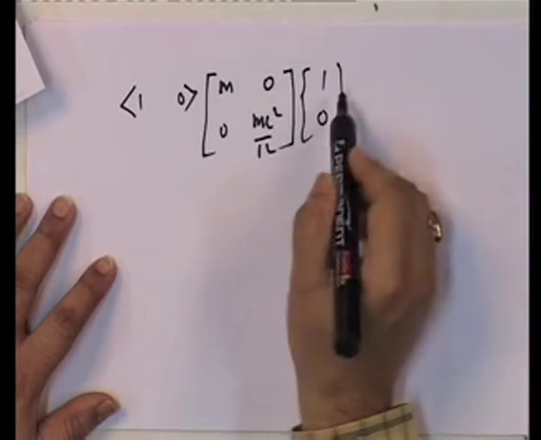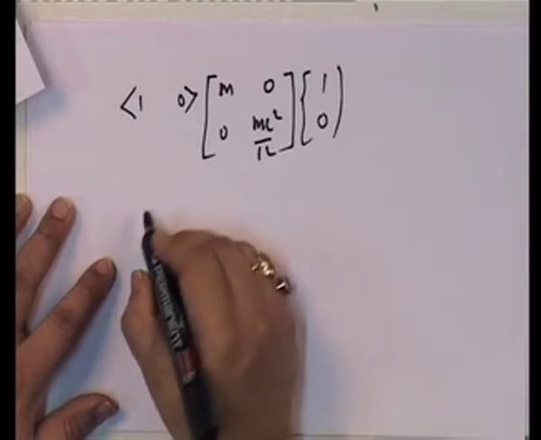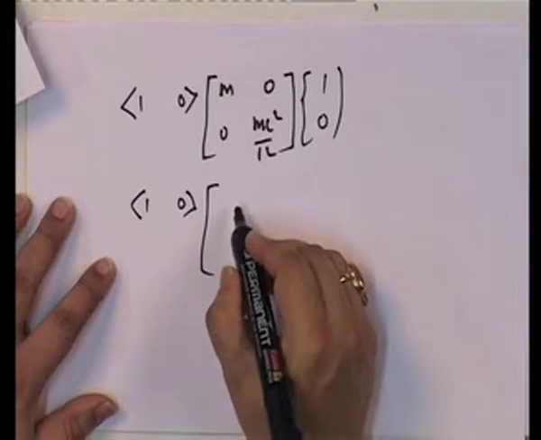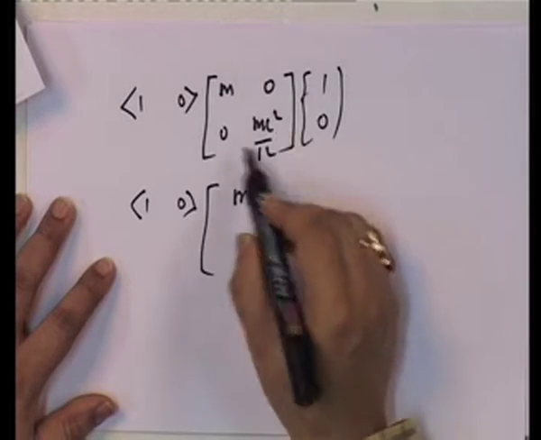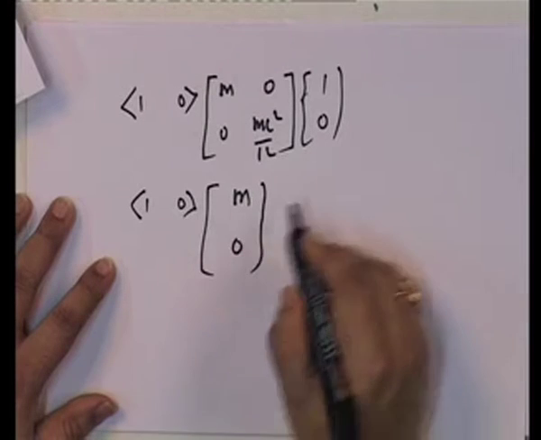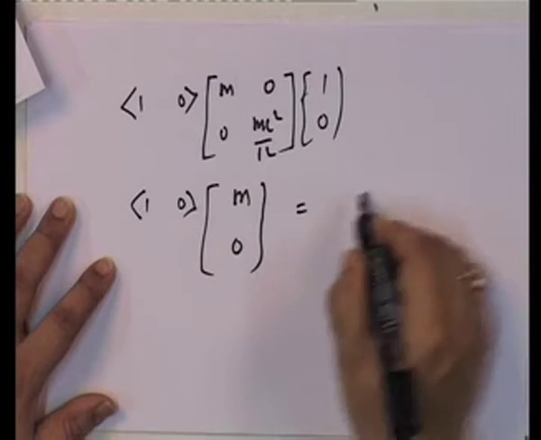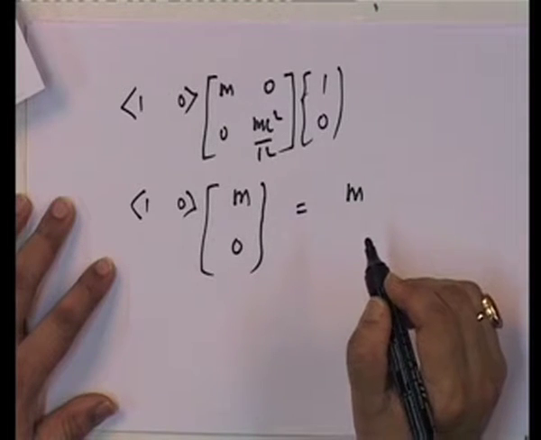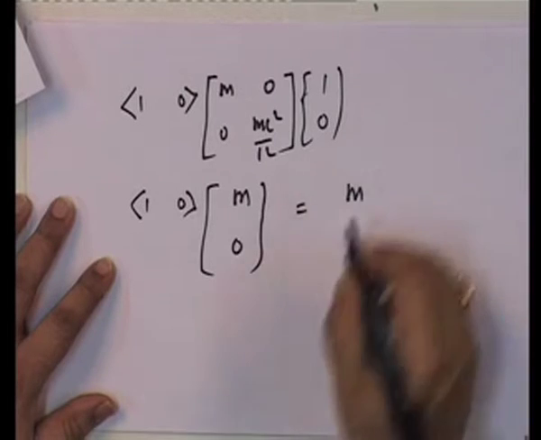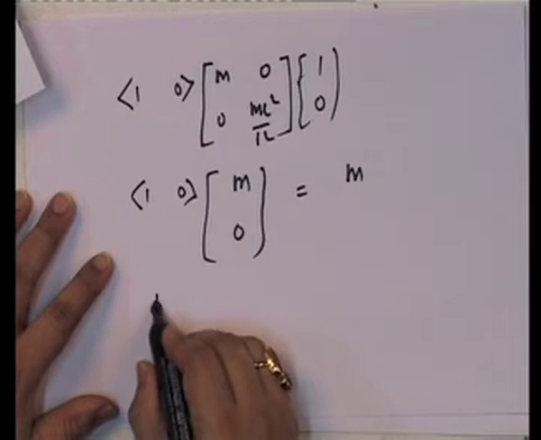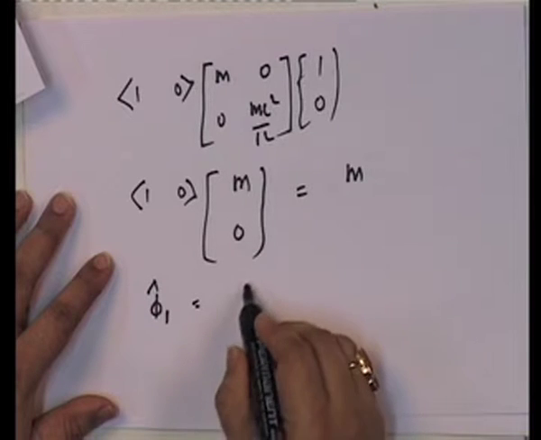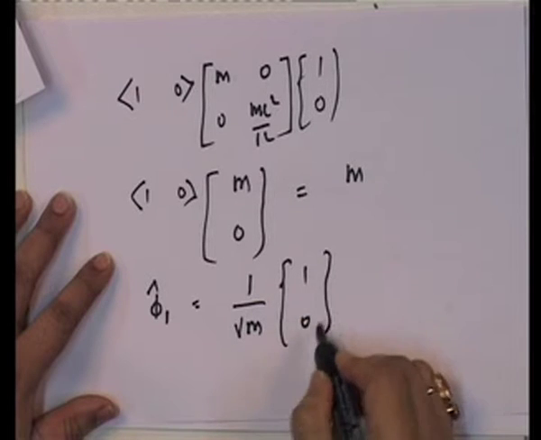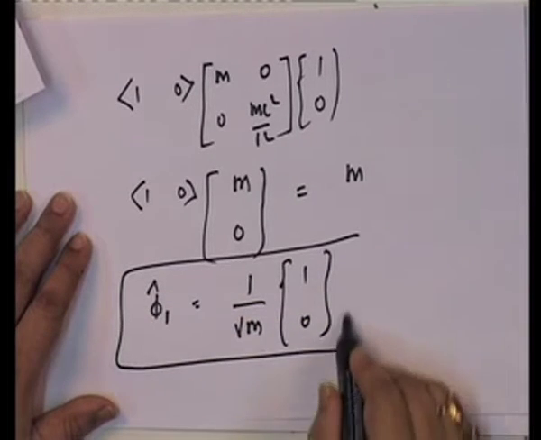That is phi 1 transpose m phi 1. From the top I get m, and the bottom one is 0 into 0, 0. So I get m. My m 1 is m. So what do I need to do? My orthonormal mode shape would be 1 upon square root of m 1, 0. That is my orthonormal mode shape.